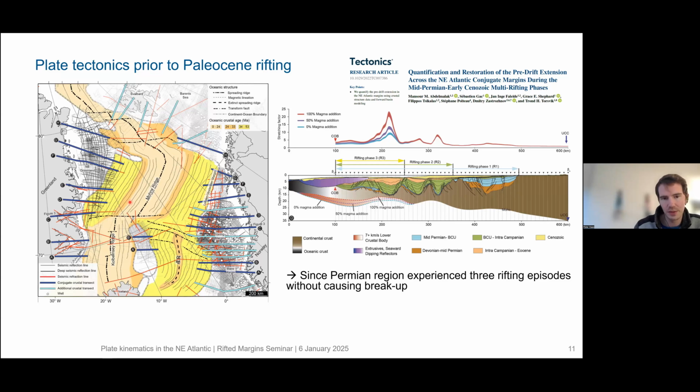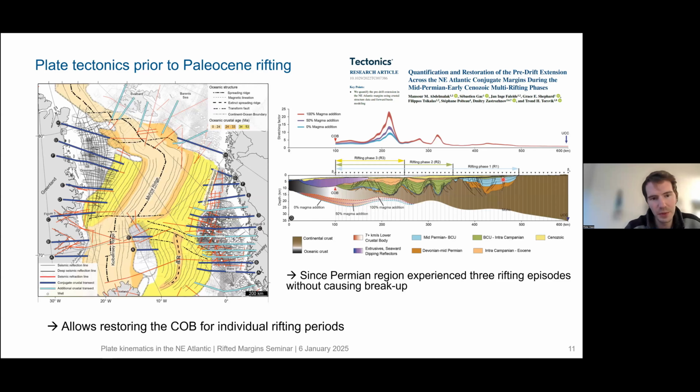They nicely showed the crustal structure, and also what they showed, and this is what I want to show you in the middle sketch over here, is that since the Permian, this region not only experienced one rifting event. The rifting that we saw before was only the ultimate result of the breakup, but there are altogether 3 distinct rifting episodes that did not cause any breakup. This area is very prominent for that, because from the interpreted crustal structure, we know that 3 rifting events must have happened before.